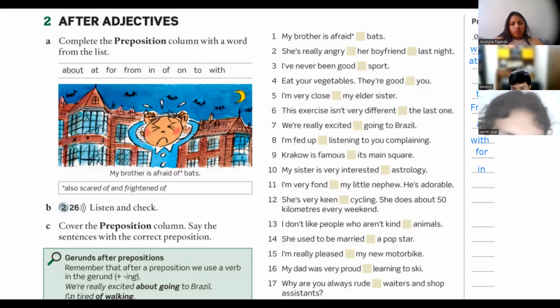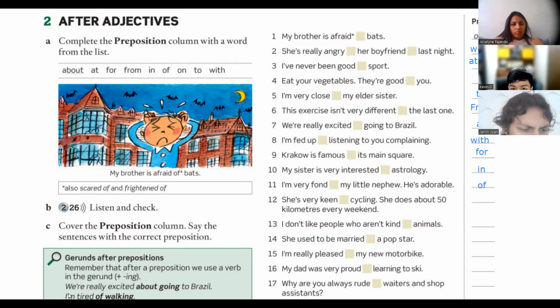He's adorable. Fond of. Kevin, 12, right? She's very keen on cycling. She does about 15 kilometers every weekend. Keen on, very good.